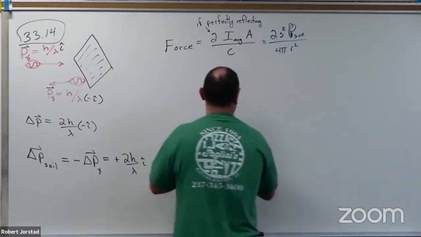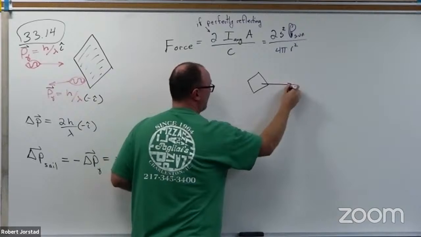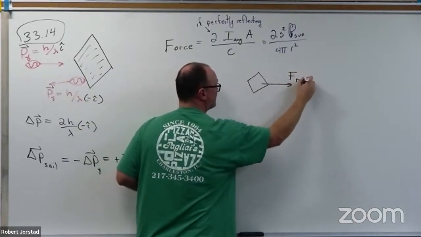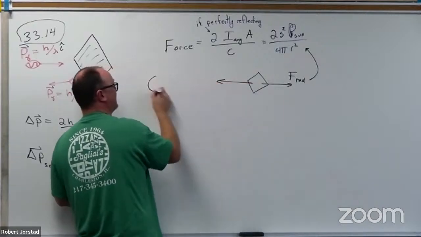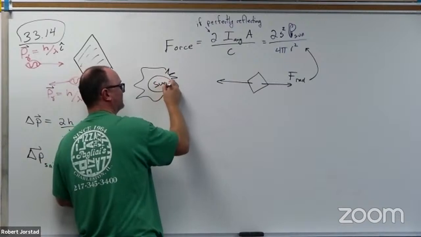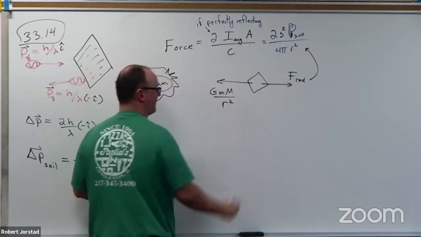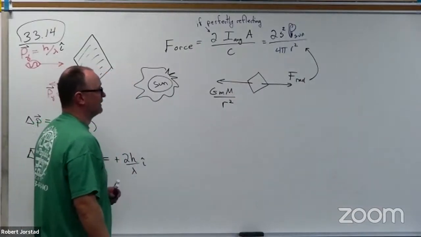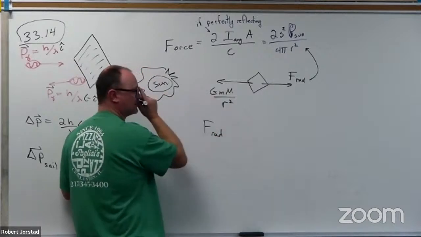Now, if we think about this sail, there's a force outwards from radiation. That's this one. There's a force back towards the sun. That's going to be GMm over r squared. And we know that the force from radiation hopefully is going to be larger, otherwise this wouldn't work.